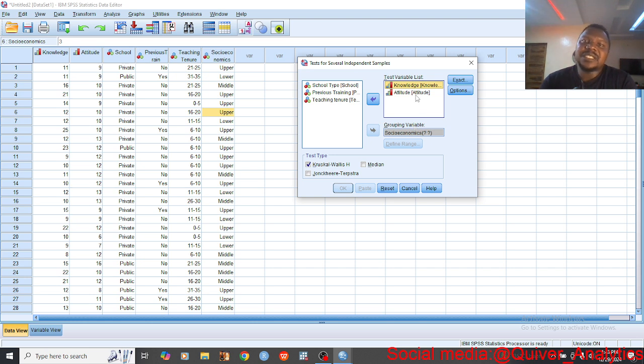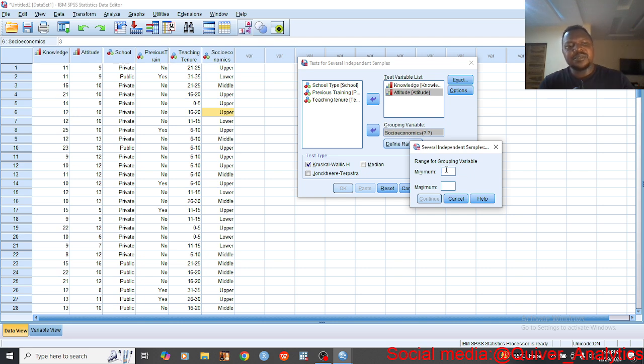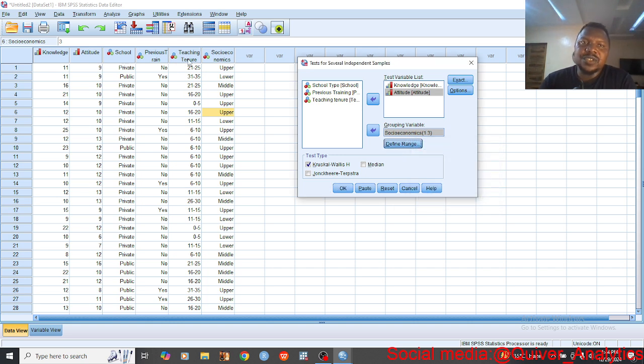Is there a difference in the attitude between lower, upper, and middle class people according to the socioeconomic variable? So minimum is 1 and maximum is 3, because we have 3 classes. By the time you are doing your case study using the teaching tenure, there are 7. Minimum is going to be 1 and maximum is going to be 7.